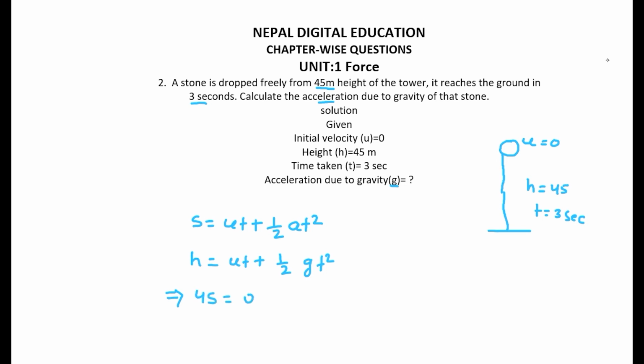Initial velocity is 0, so 0 into t plus half. We have to find the value of g, and time is 3, so 3 square. After this step, 45 equals 0 into t, 0, plus half g into 3 square, 9.